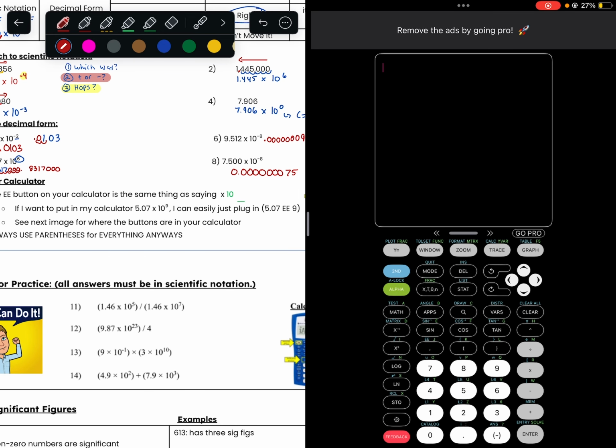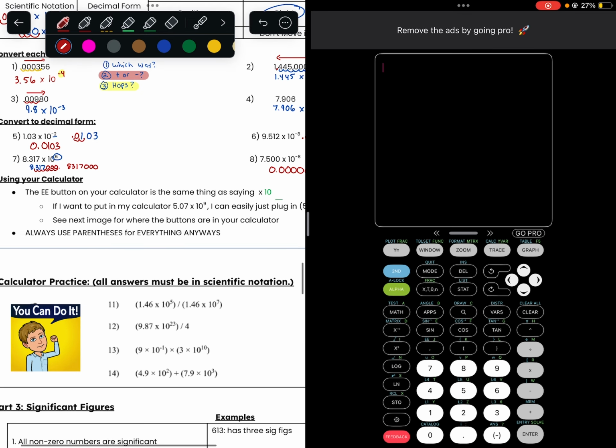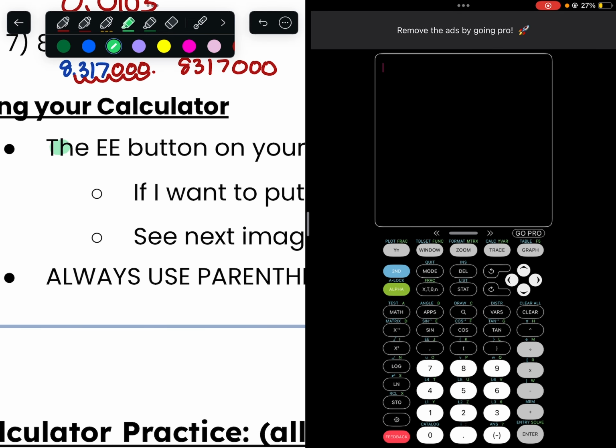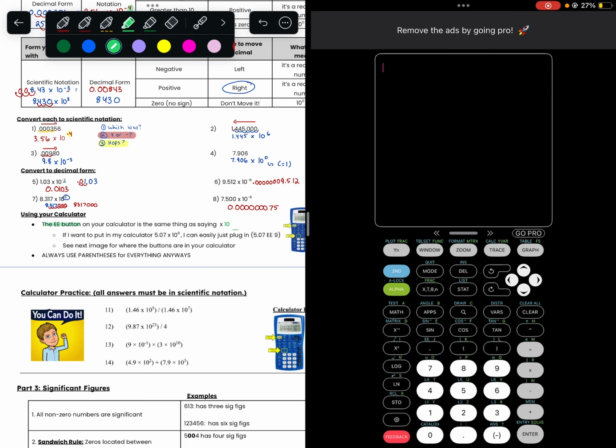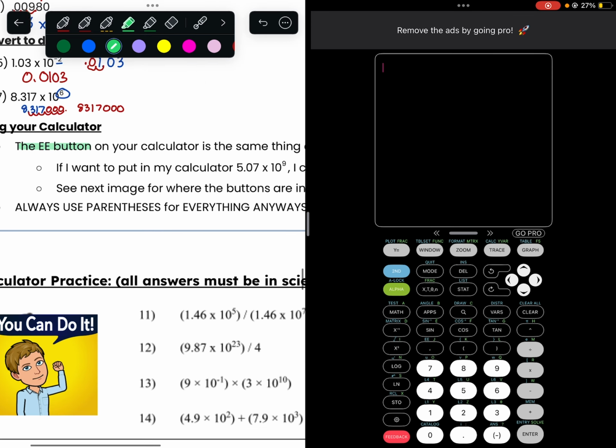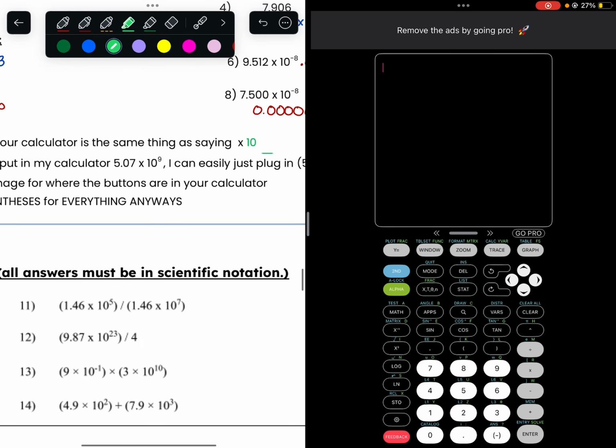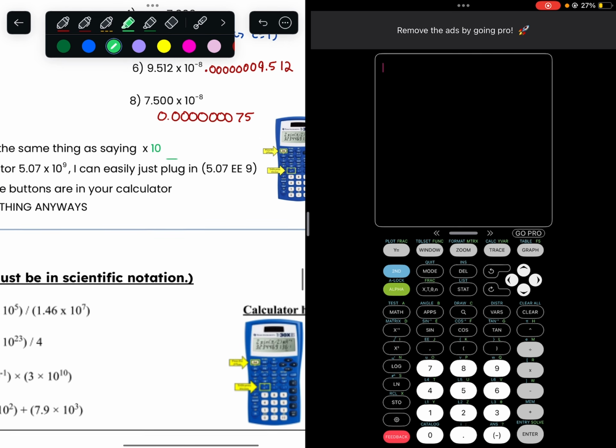This just screws up our order of operations. So we are going to use what's called the EE button. This is basically a substitute for times 10 to the in scientific notation form. So for this one, if I want to put 5.07 times 10 to the 9th into my calculator, the way I can plug it in, at least on a TI-84, is I can go 5.07.